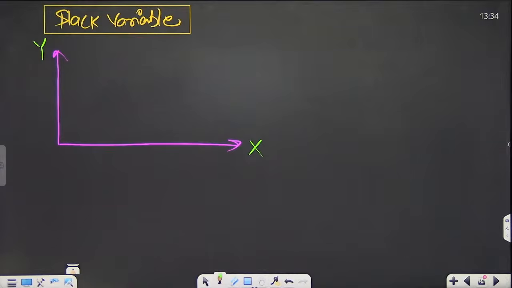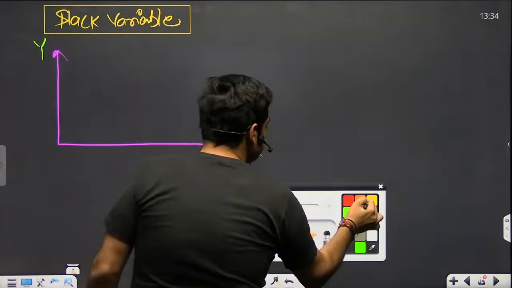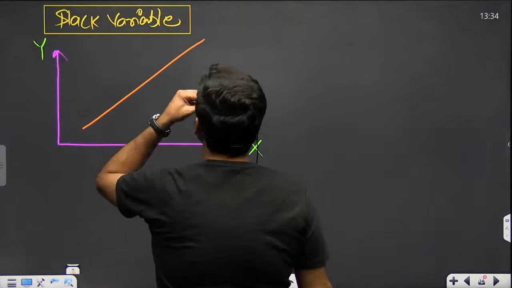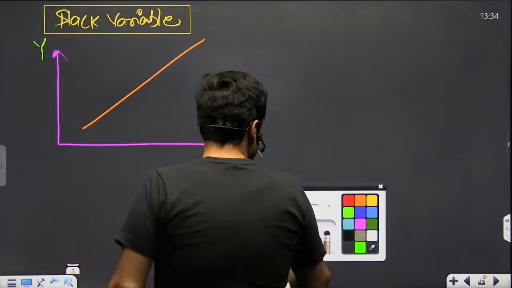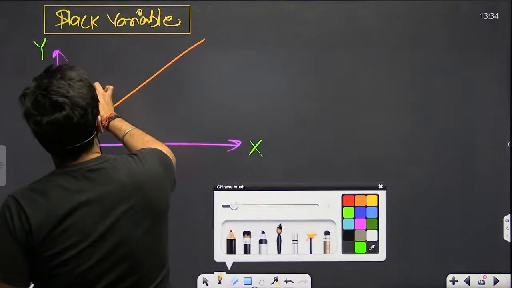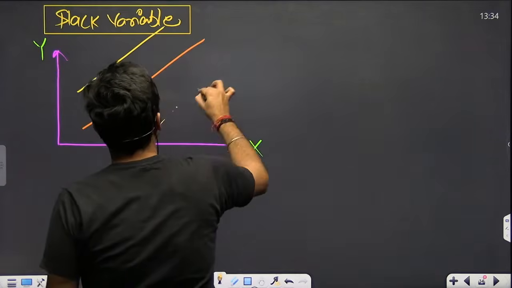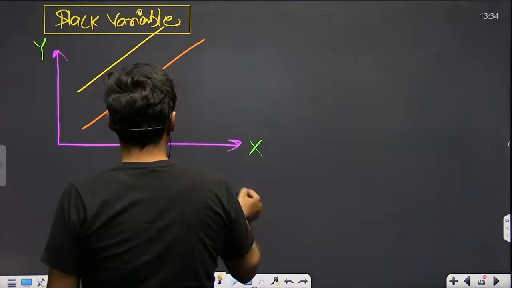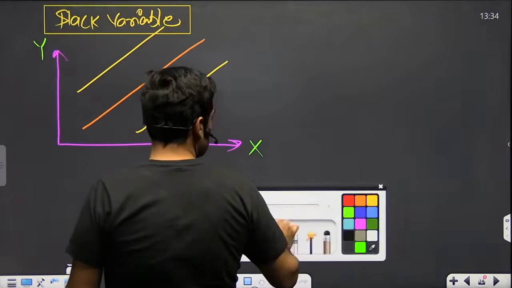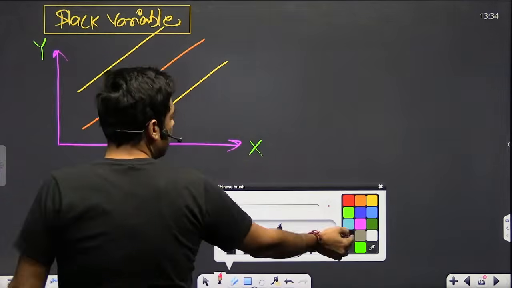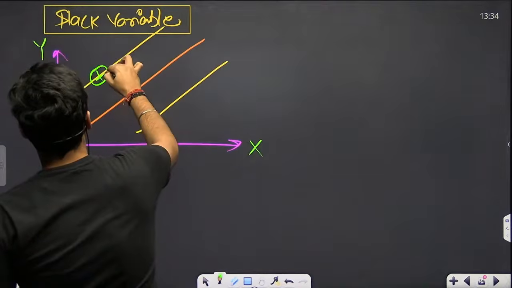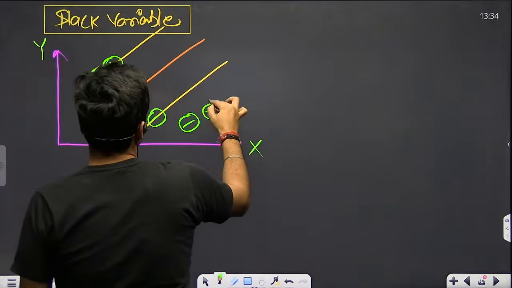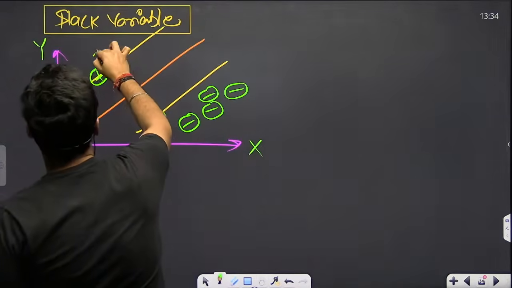I'm drawing a hyperplane equation. For example, this is the positive support vector and this is the negative support vector. Positive support vector passes through positive data points and negative support vector passes through negative data points.